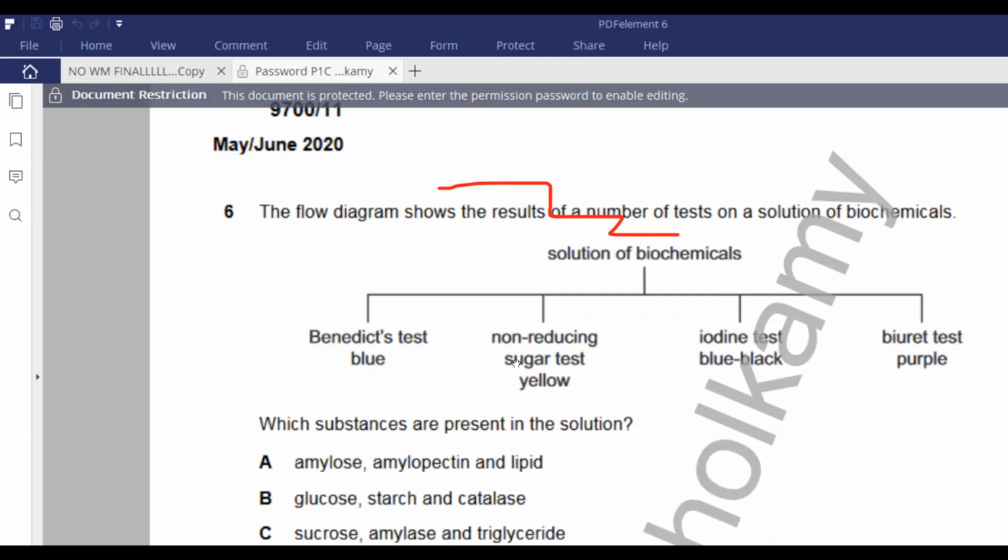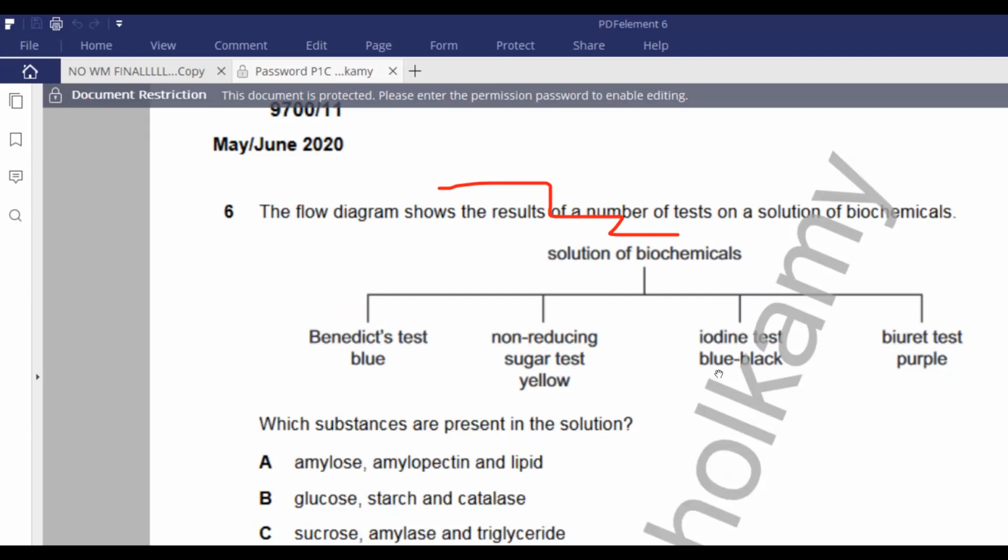No. Okay, there was a non-reducing sugar test, and it was yellow. So does this contain non-reducing sugar or not? It does, very good, because the starting color is blue, and then it starts changing color, green, yellow, until it is brick red.